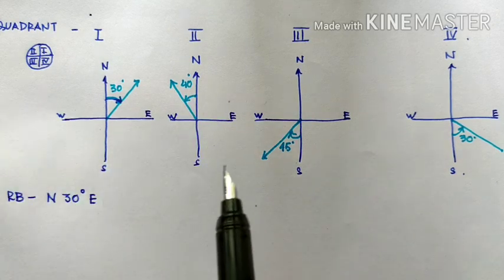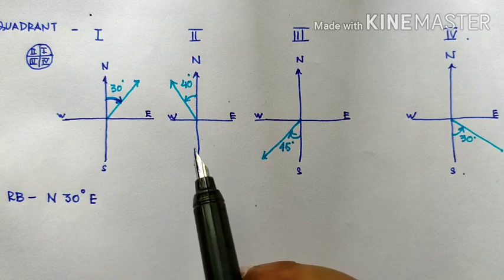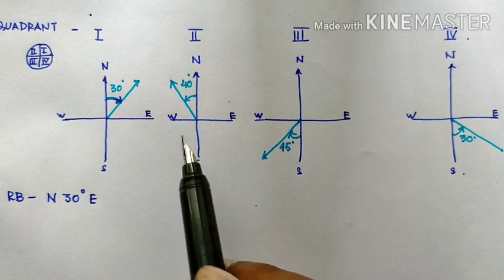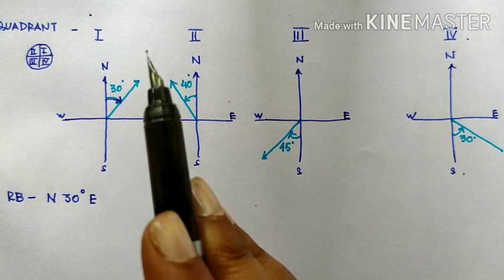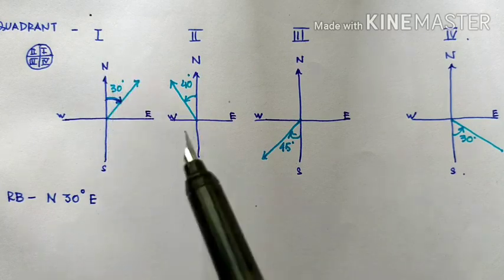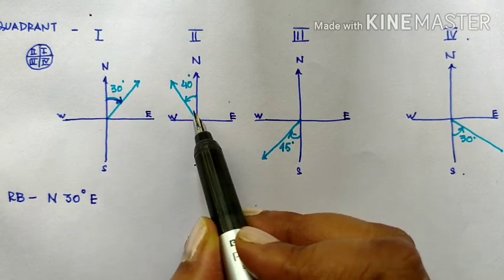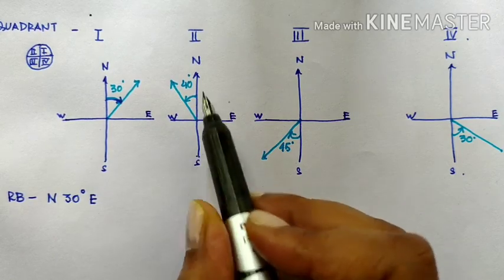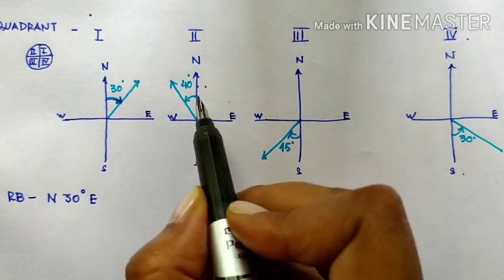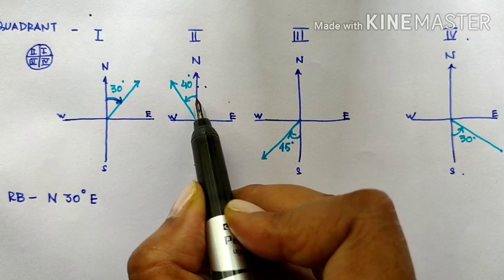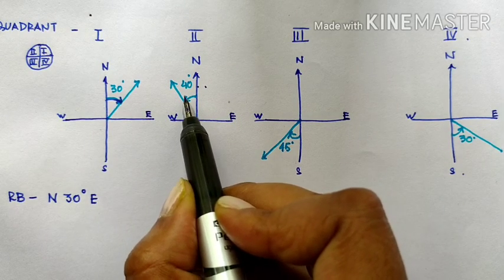It is already being told in the characteristic, it can move clockwise or anti-clockwise from north or south, whichever is closer to the line. So here, which line is closer? North or the south line? It is the north line, which is closer to this line. So we have to count it from north line towards left.